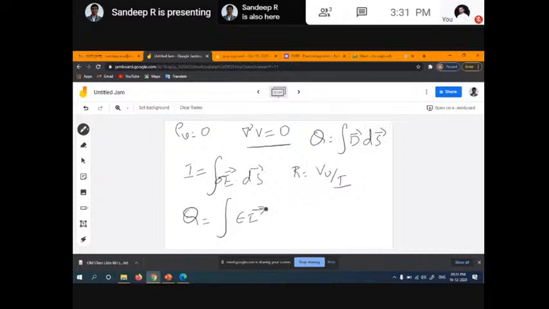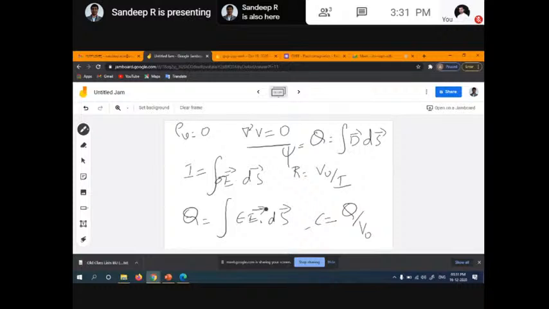Don't forget this, because Q is equal to psi. So I have written epsilon E dot ds, and from this I can determine the charge. Once I know the charge, the capacitance is C is equal to Q by V naught. So this is the overview of the electrostatic part.